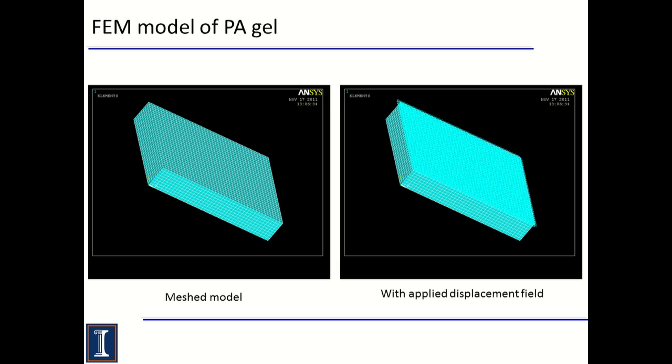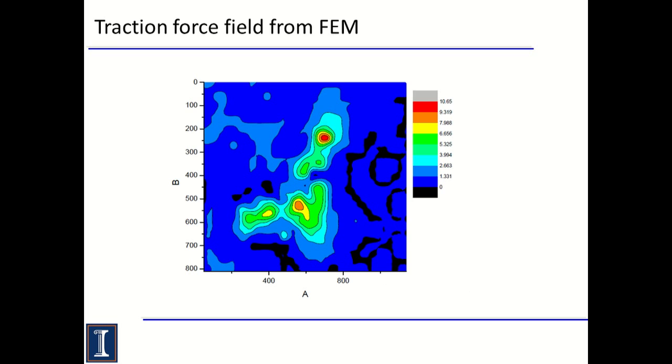The figure on the left shows a meshed model of the PA gel, while the one on the right shows displacements obtained from DIC applied to the respective nodes. Finally, we solve the problem in ANSYS and the obtained force field is shown here. Notice that there are pseudo-forces present outside the cell. Pseudo-forces may be generated during analysis due to various different reasons pertaining to bead distribution, imaging errors, DIC approximations, etc.